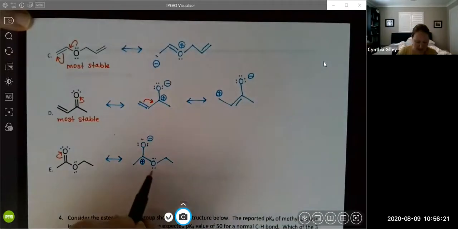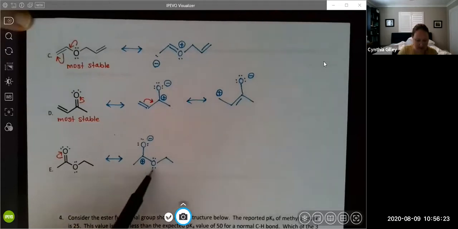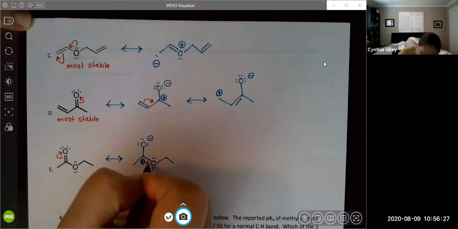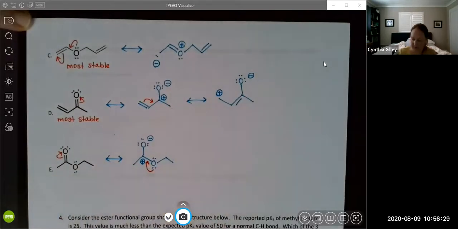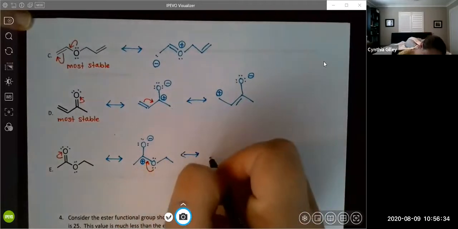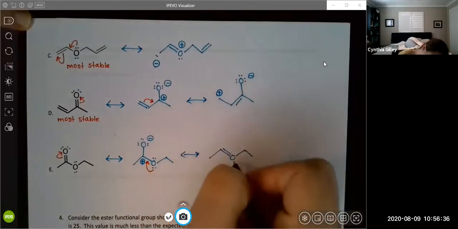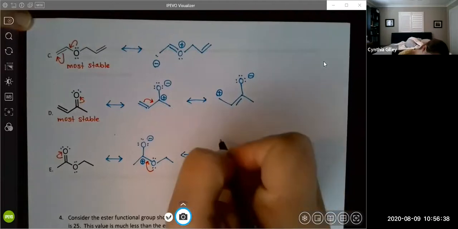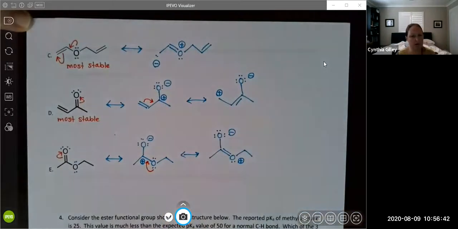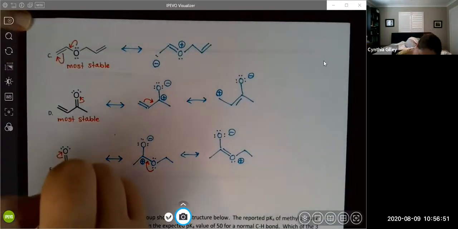And then we now can visualize a lone pair adjacent to a positive charge. So we can share that lone pair as a pi bond. Okay, those are our three resonance contributors of an ester. And again, the one with no formal charge is definitely the most stable.